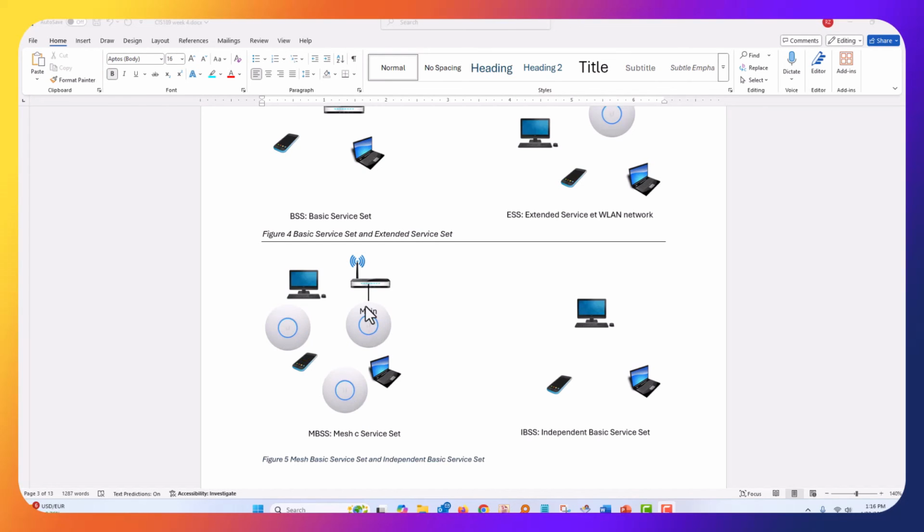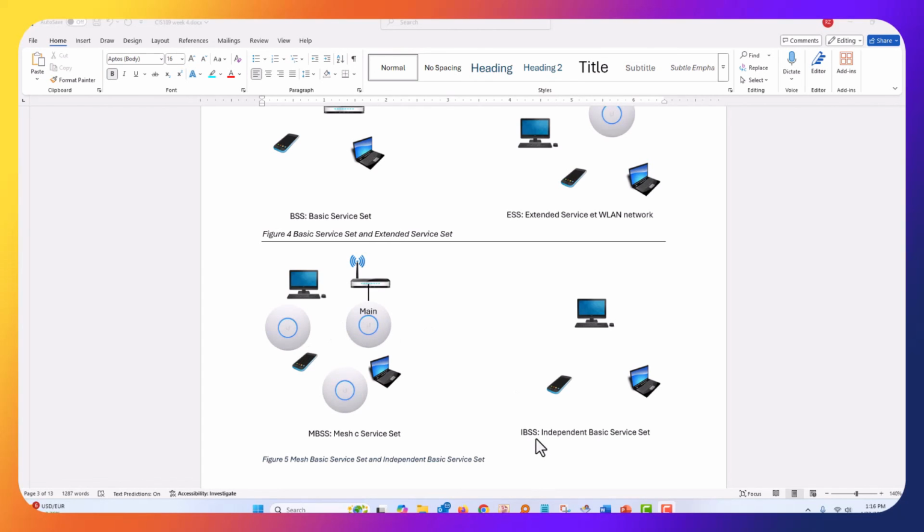By the way, there are some versions of this that you plug in to set it up, and then you can unplug it and move this to some other point. It depends on which one you buy. Others you don't do that, but you have several of these points. But these points are all coming back to this router here. So really this is a basic service set, but you have these sort of extenders here in this mesh unit.